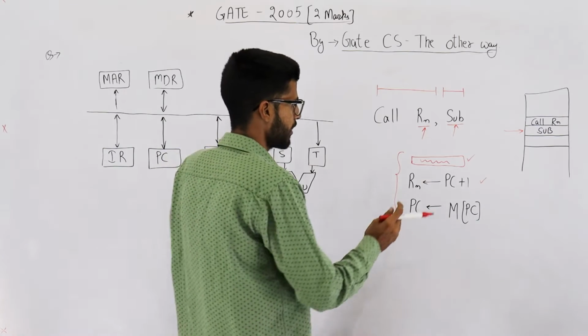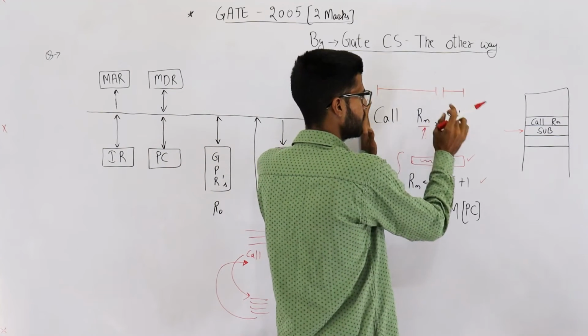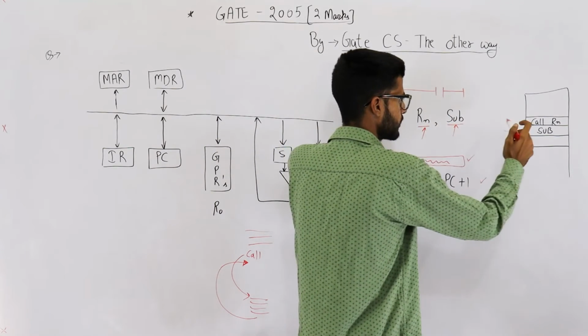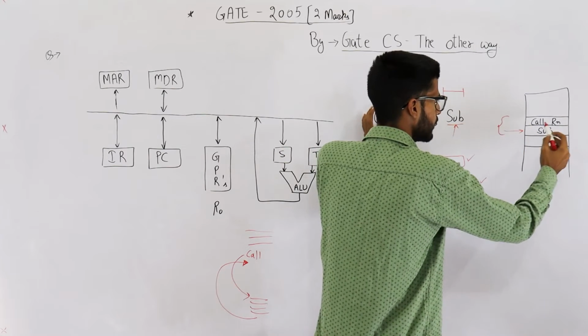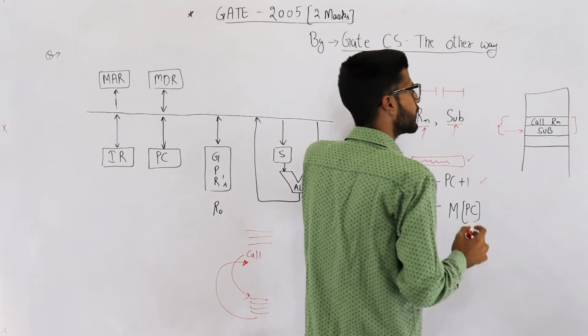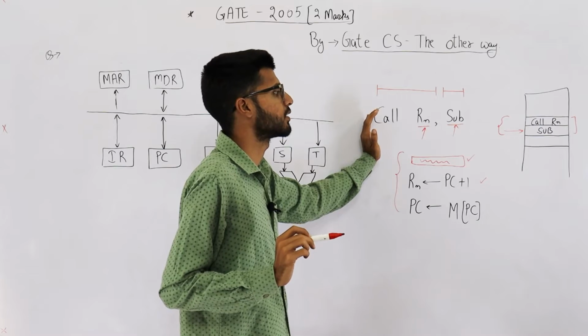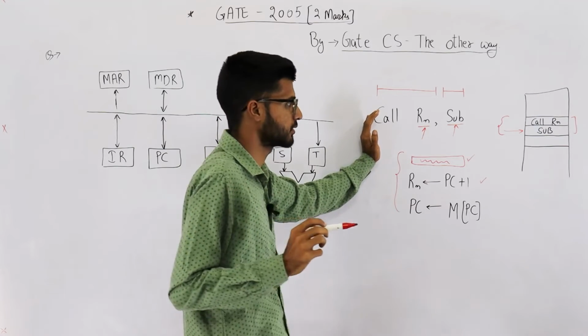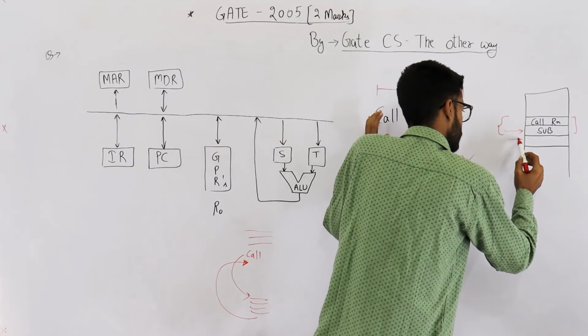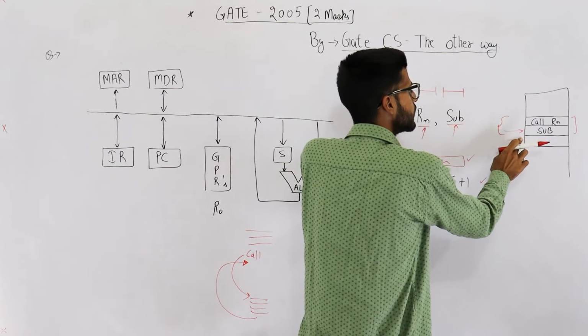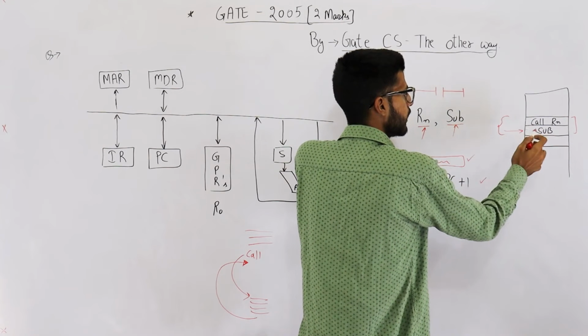So after you have fetched this part, PC was pointing here. That means this is one instruction in these 2 lines. The return address that has to be saved must be of the next instruction, that means this one. Now PC is pointing here.